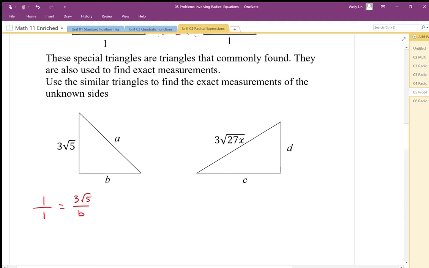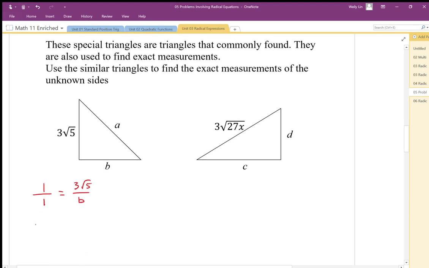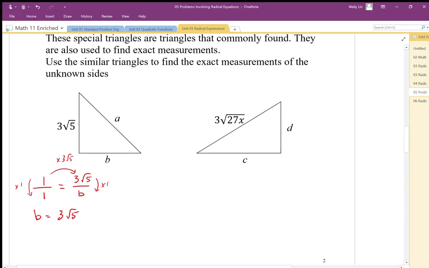We don't need to set up a ratio for that necessarily, but we can see that there's our multiplier. We can use our multiplier of times 3 root 5, or we can do our up and down multiplier times 1, and b is equal to 3 root 5. You can solve this as an equation if you like, cross multiply. You can just use intuition if you like.